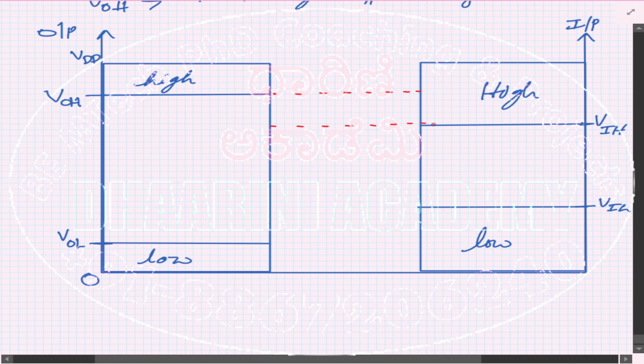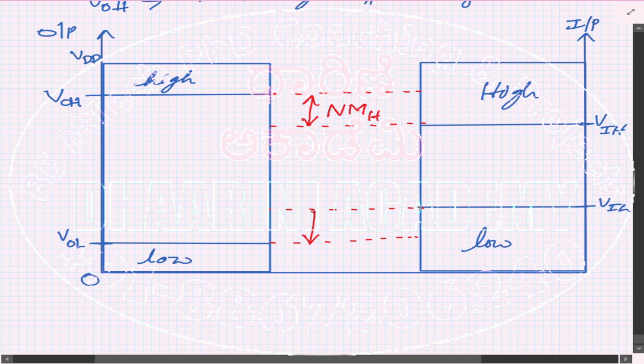Right, now you see that if I try to find the difference, this much is a dilemma here, right? Whether it is high or low, between the input and output, you have something like a dilemma, right? So this is what is considered as the noise margin. This is NM, noise margin high, on the higher side.